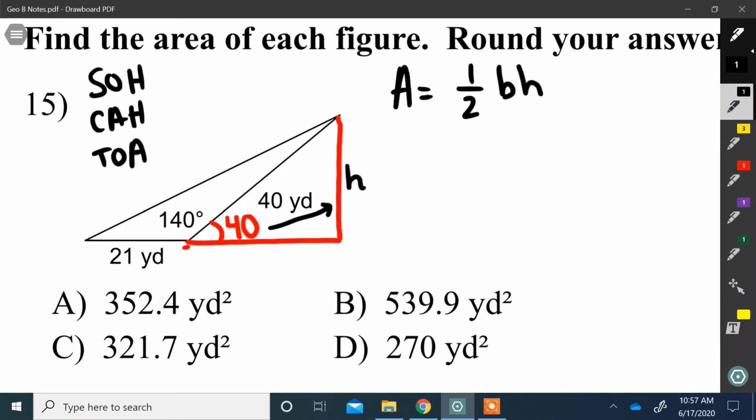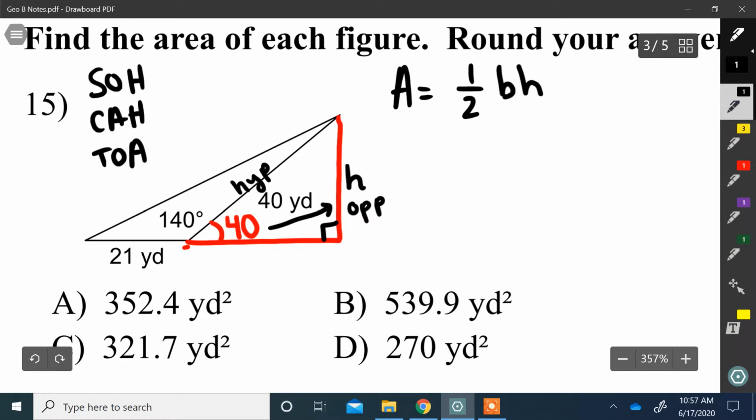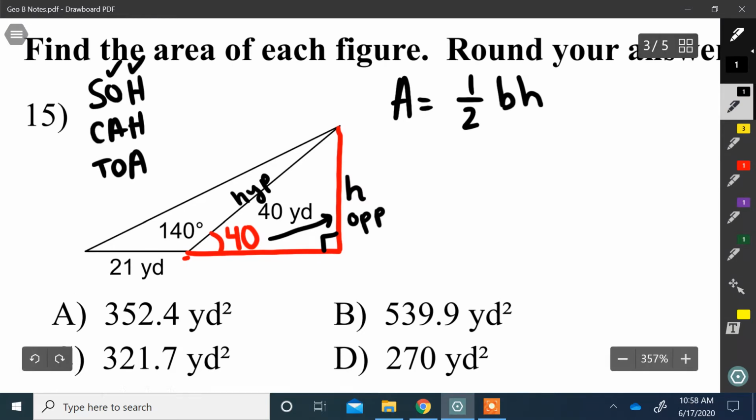So we need the opposite, and in this case, if this is a right triangle, we need the hypotenuse, so the H. So we need O and H. Okay? So here's how we do this. Remember that SO means sine of theta is equal to opposite over the hypotenuse.